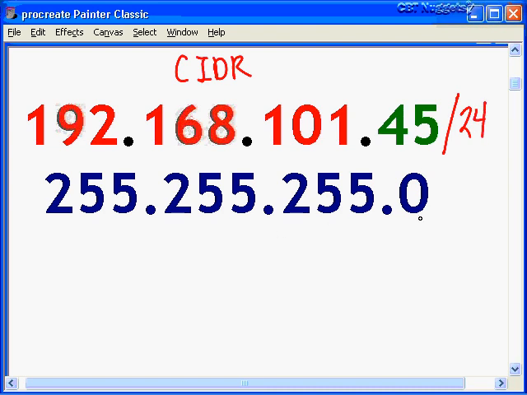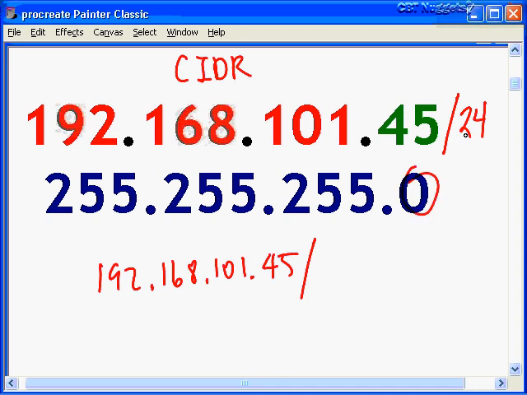Okay, but in the example I gave you earlier, we saw the 4 subnets created. We could take the same IP address, 192.168.101.45, and since we're going to use 2 of these bits here, we'll say 24, 25, 26. The first 26 bits represent the network.